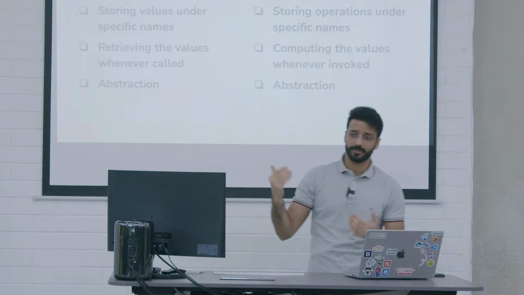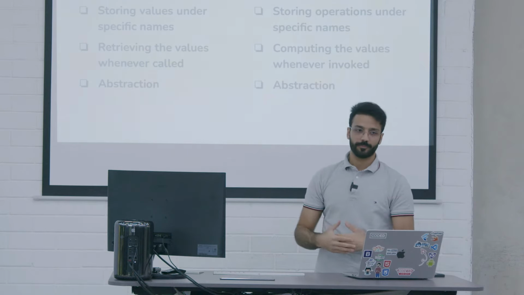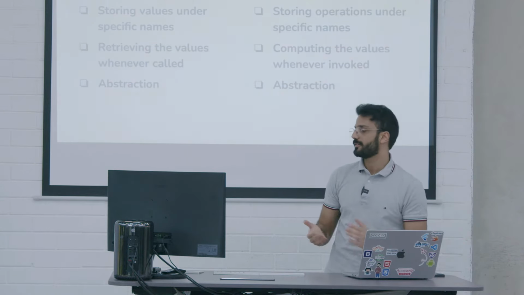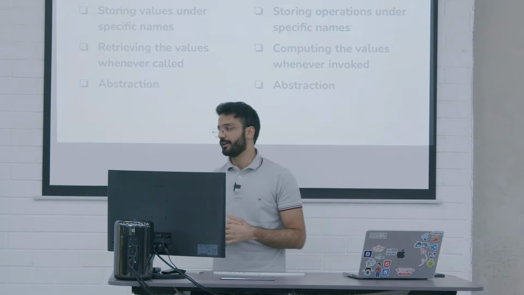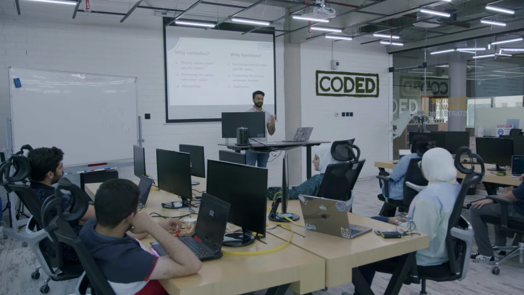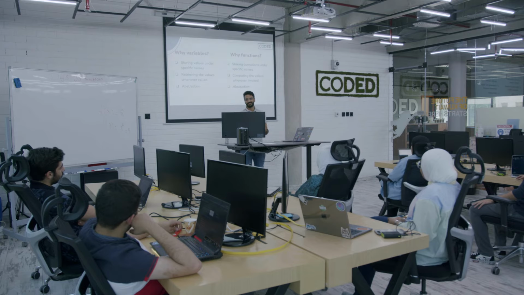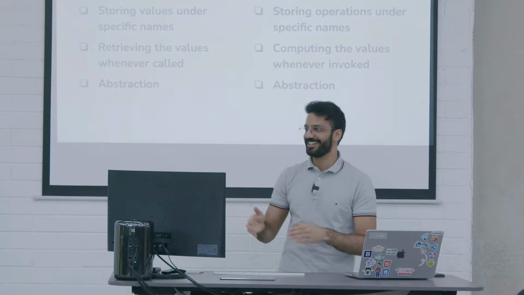And again, why variables? We talked about it last time: because they create a level of abstraction. If I want to calculate, for example, the area of a circle, what's the equation? You know it, right? 2 pi r or pi r squared? Which one? The circumference is 2 pi r.